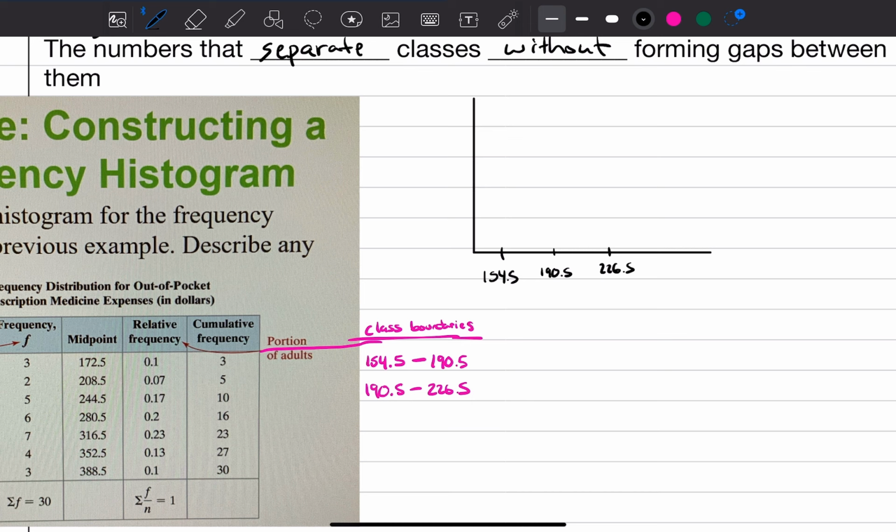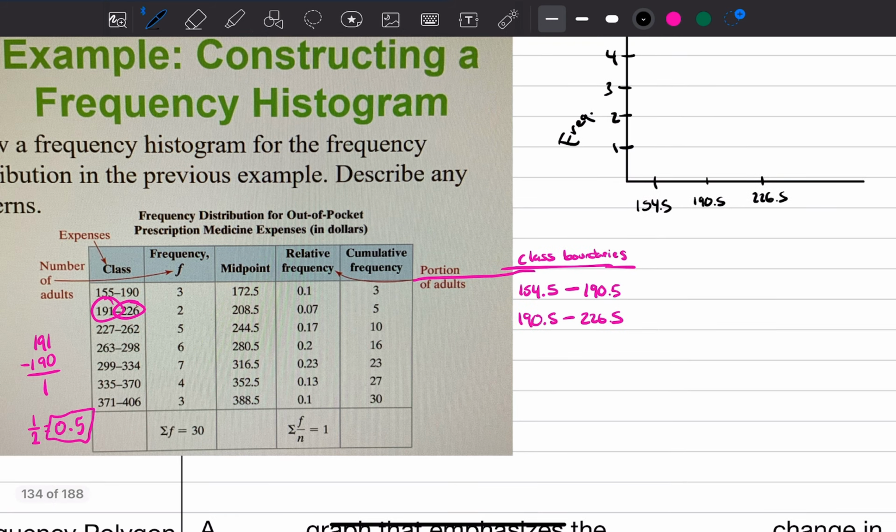And then on the vertical axis, again, is the frequency. So I'll add a frequency of 1, 2, 3, 4, so on and so forth. If I look at the first class, there is a frequency of 3.